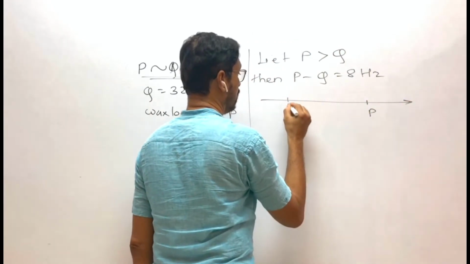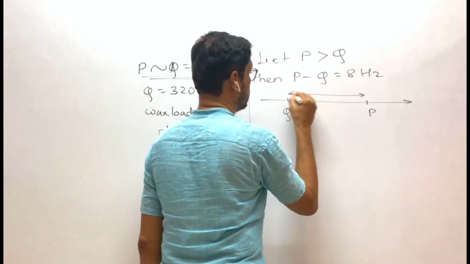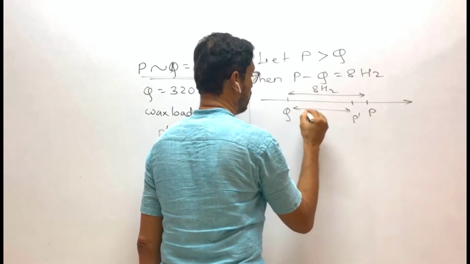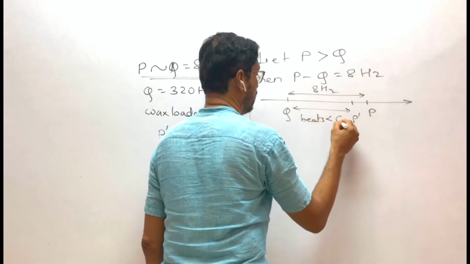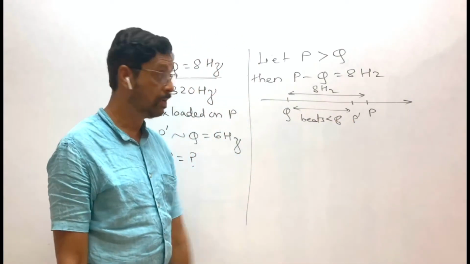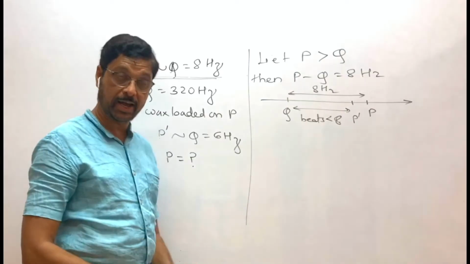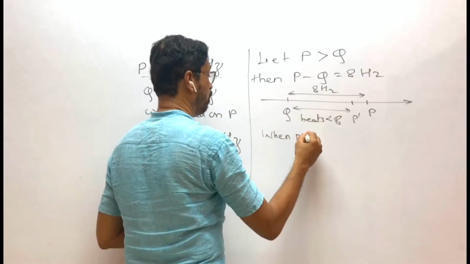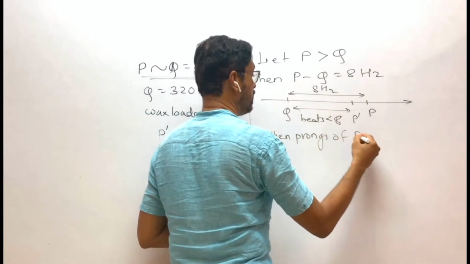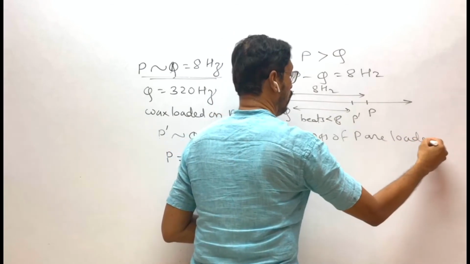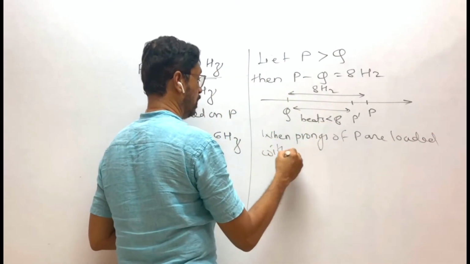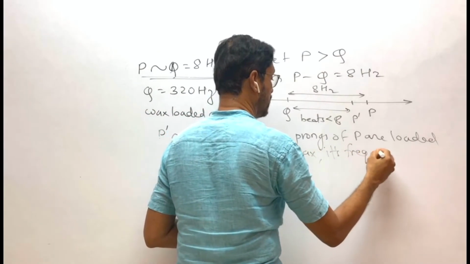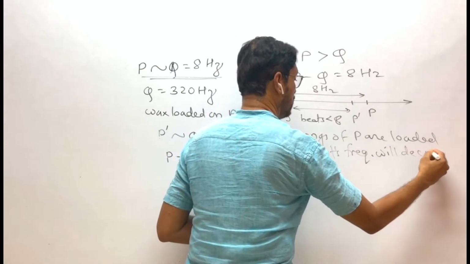P, Q, this is 8 hertz, right? P dash, beats less than 8. करेक्ट? इसके बाद में इसको वर्ड्स में लिखना पड़ेगा. यू विल हैव टू राइट दिस इन वर्ड. When prongs of P are loaded with wax, its frequency will decrease.